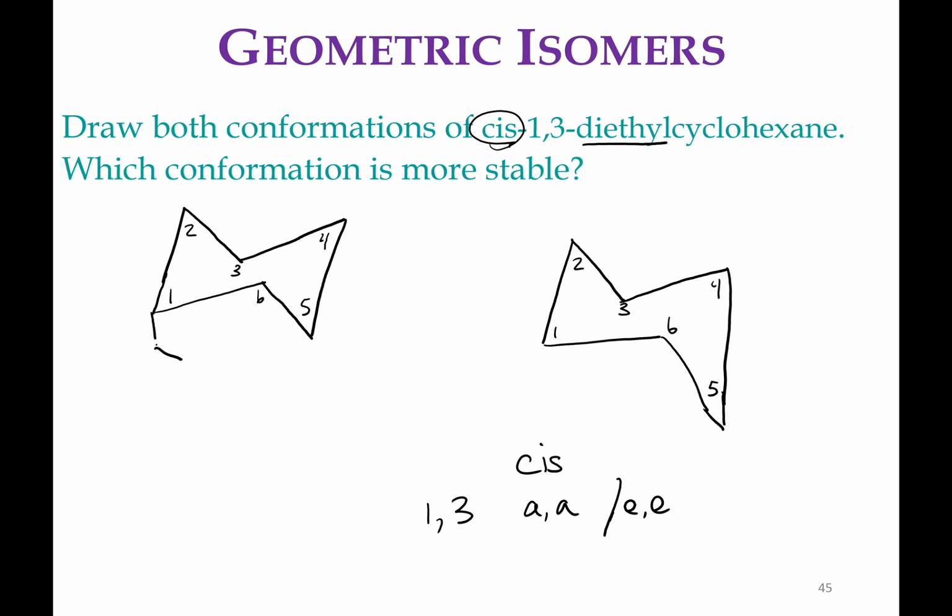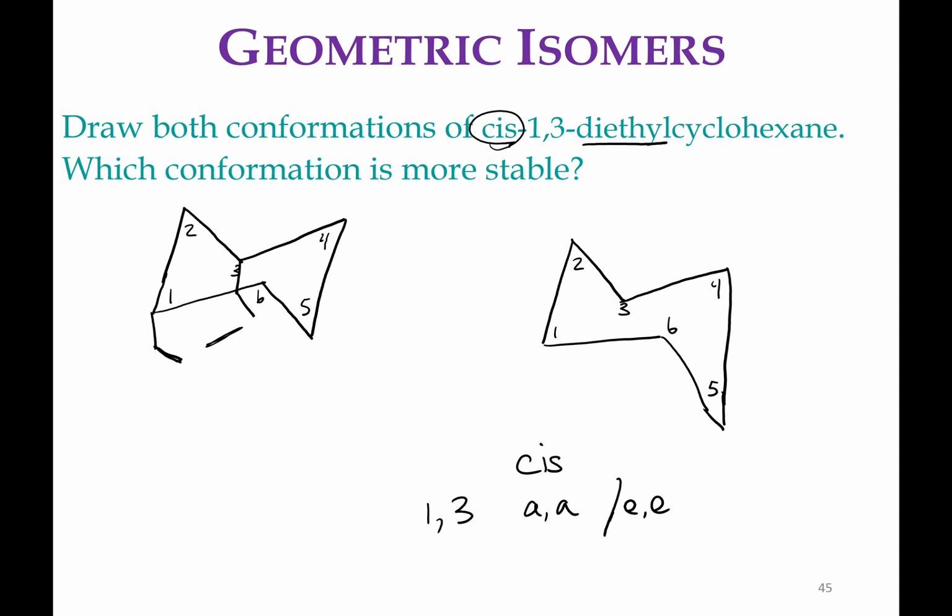And then here at number 3, we would be drawing this in the axial position as well. So we have to get used to where is that located, right? Our axial one goes along the axis, and it's going to be a little harder to see because I'm drawing it here. So they would both be coming down below the ring at each other, very close to each other.